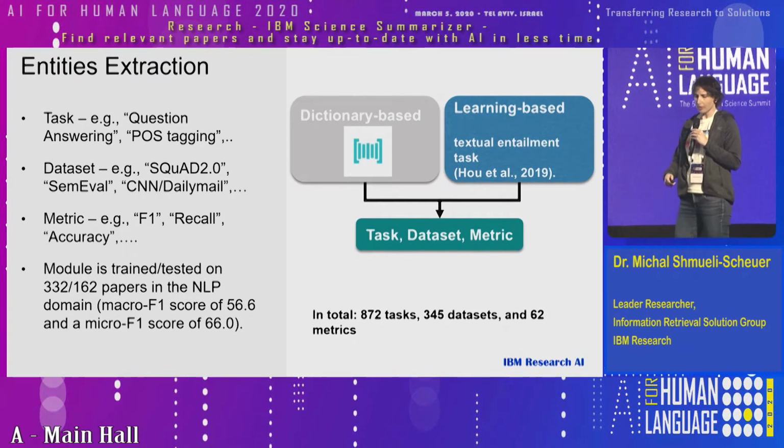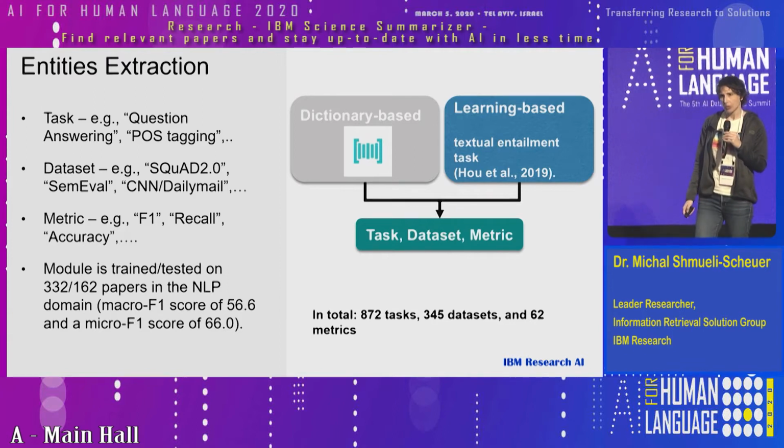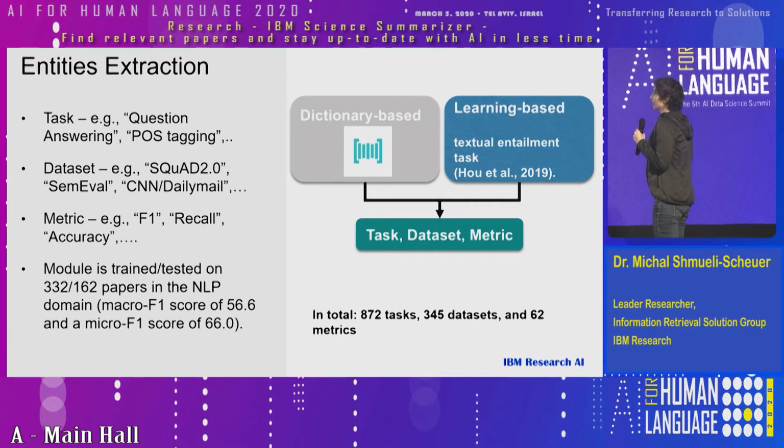You can see that this module was trained on around 300 papers and tested on 160, and you can see the quality of the detection. So in total, after we combine these two approaches, we get around 870 tasks, 350 datasets, and 62 metrics.